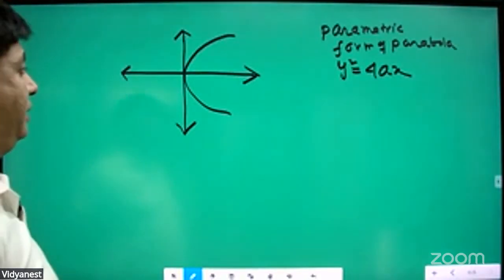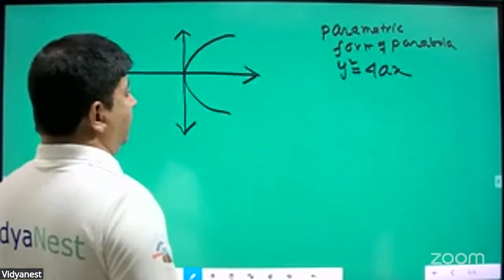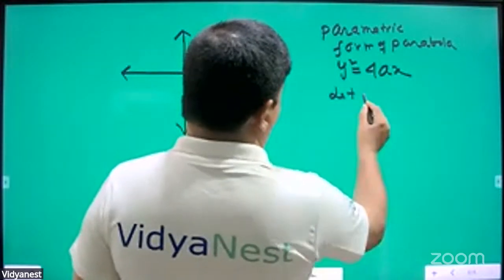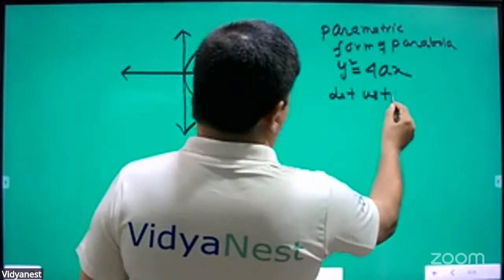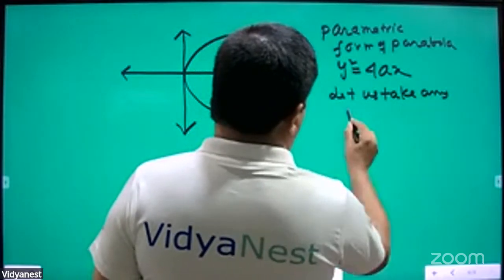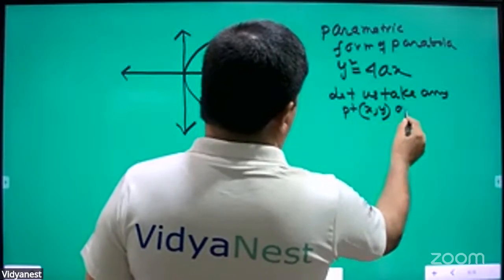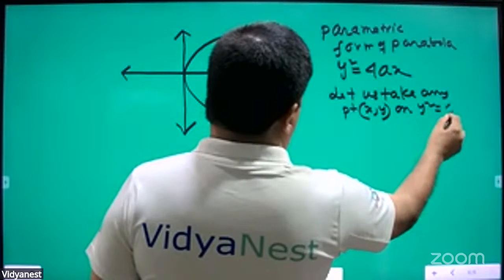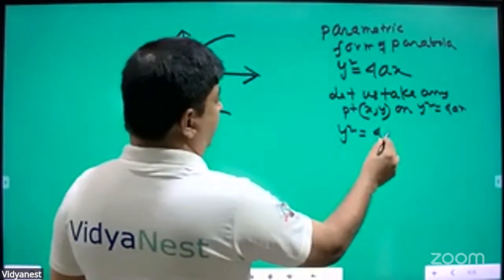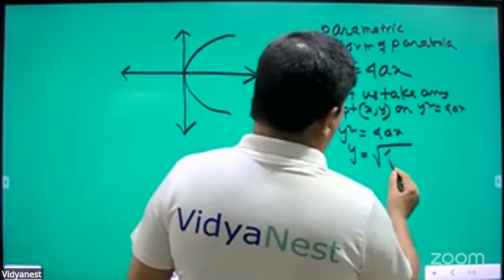Parametric form we have to find. See, let us take any point xy on y squared is equal to 4x. That means y squared is equal to 4x. Y will be what? Root 4x.